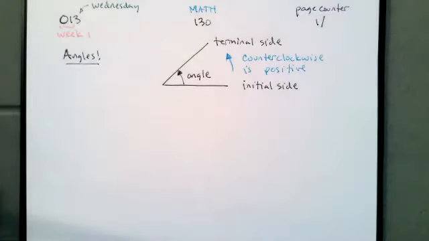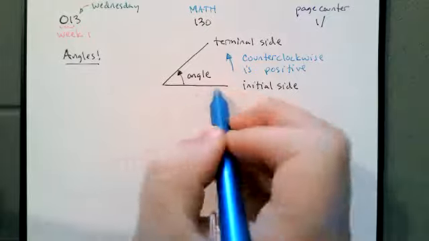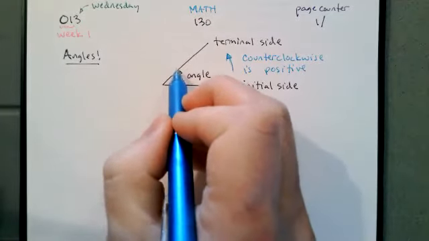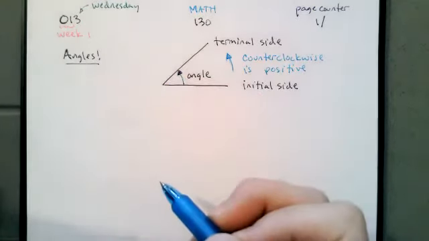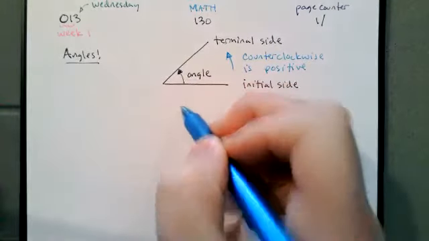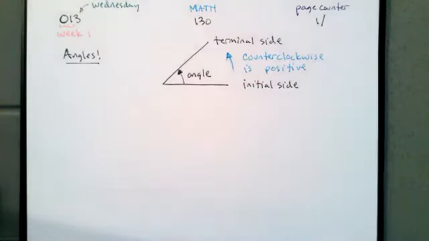And that leaves clockwise to be the negative direction. So counterclockwise is positive, clockwise is negative. So if I say draw a 30-degree angle, you start and you go counterclockwise 30 degrees. And if I say negative 30 degrees, you go clockwise 30 degrees.